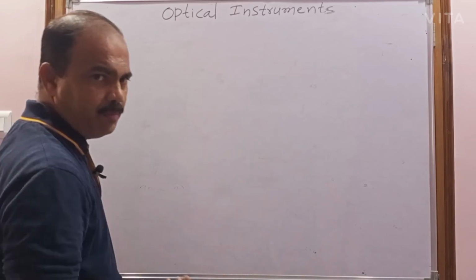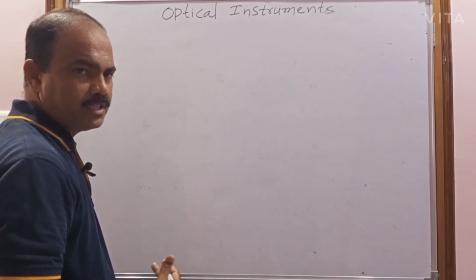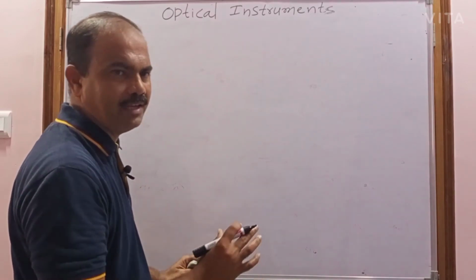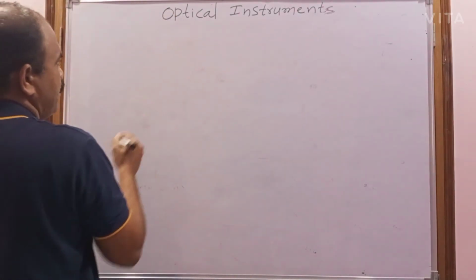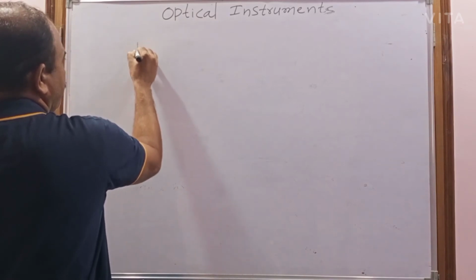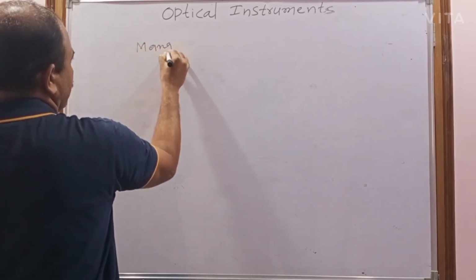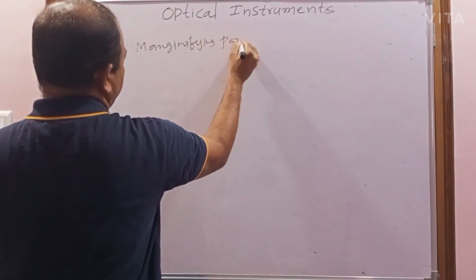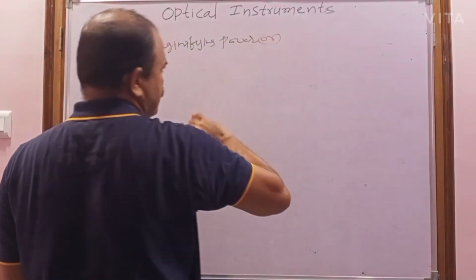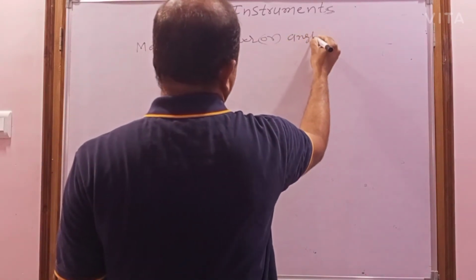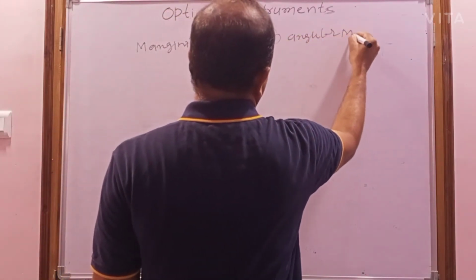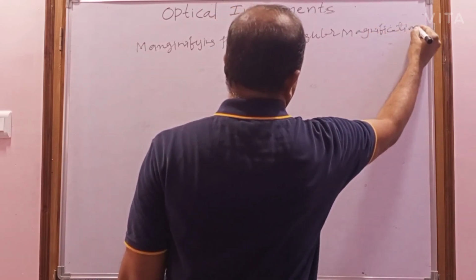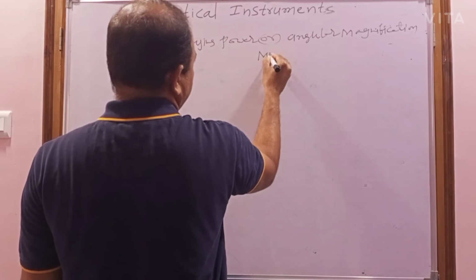How much the size is increased is measured angularly, in terms of angles. That's why the optical instrument has magnifying power, or angular magnification. It is represented with a capital letter M.